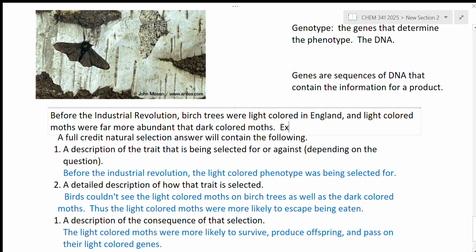Okay, explain this observation using natural selection.